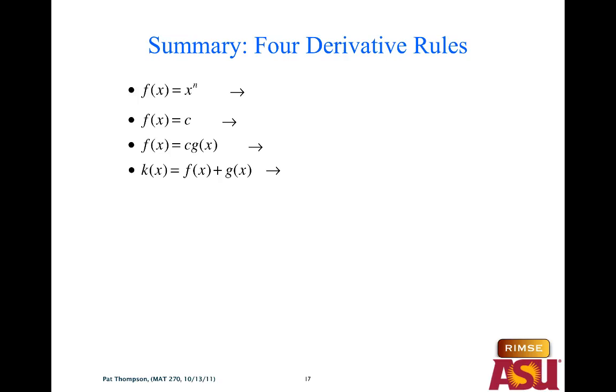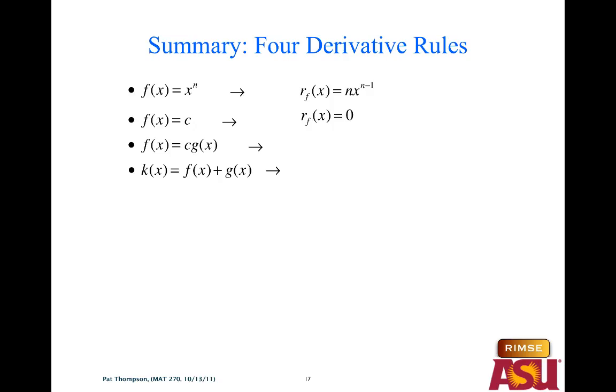The first one we call the power rule, x to the n. What was the rate of change function of x to the n, or the derivative of x to the n? N x to the n minus 1. Visually, you can think of moving the n down to the front as the coefficient, and then reducing the n by 1. Rate of change of a constant function, 0.